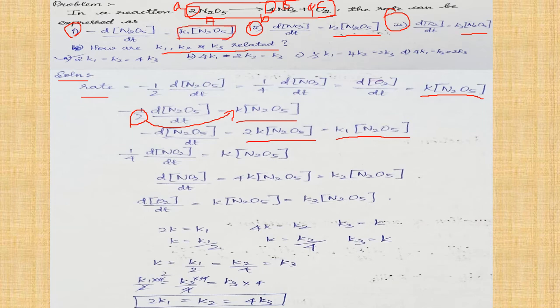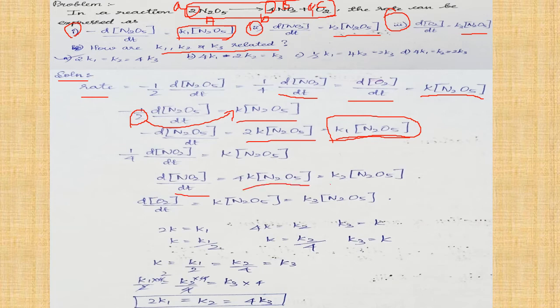So we are equating it to K1 N2O5. Likewise, we have to do it for dNO2 by dt and dO2 by dt. By doing it, we get dNO2 by dt is equal to 4K N2O5.